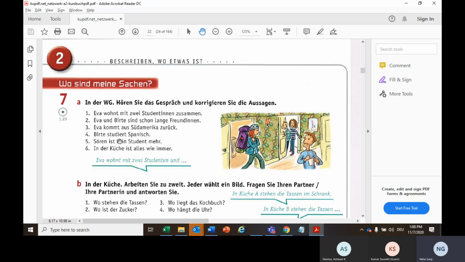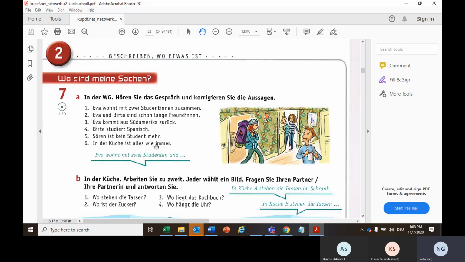Is it correct or not? Sören ist kein Student mehr. This particular guy, Sören, he is no more any student. In der Küche ist alles wie immer. Now in the kitchen, everything is same as it always was. So this is the meaning of these statements.